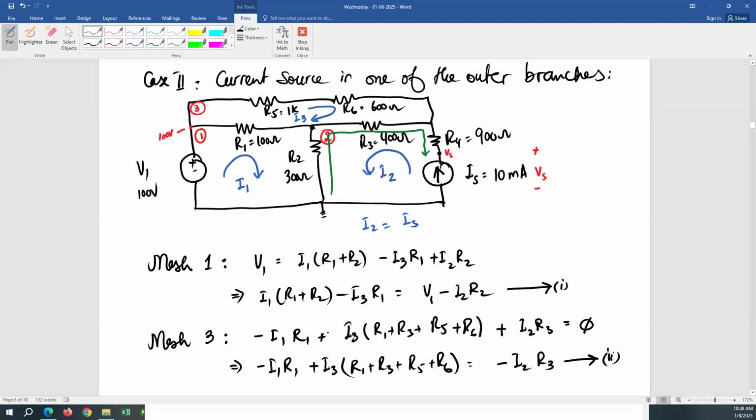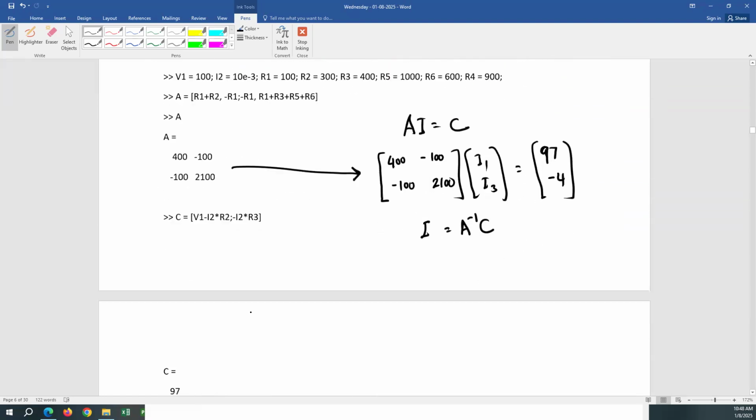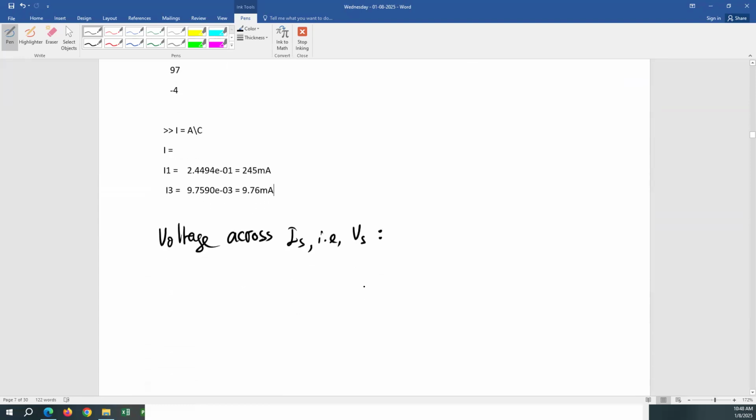Make sense? So it's not negative, it's positive. I1 plus I2 times R2, that's the voltage at that node. So I'm going to write down first I1 plus I2 times R2.